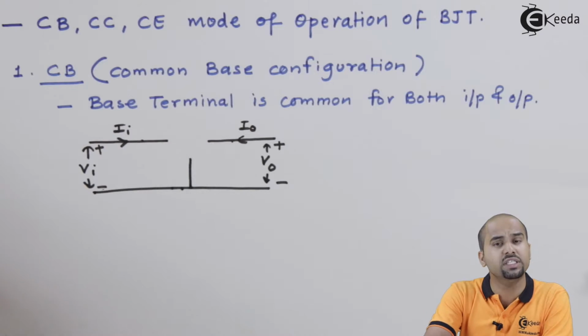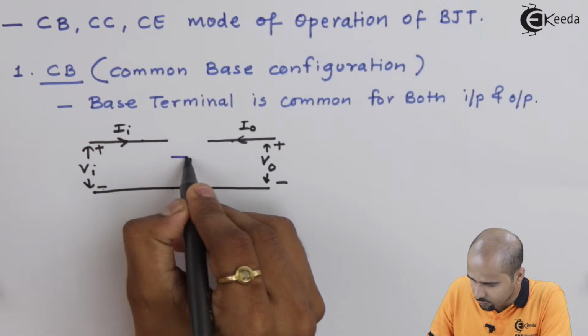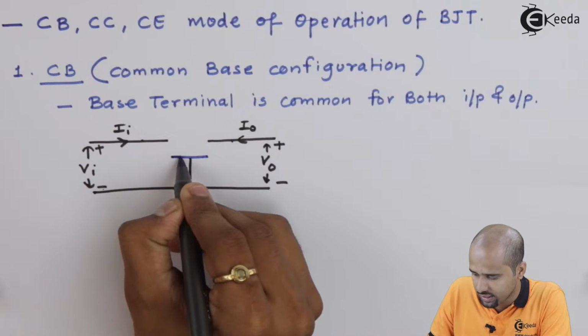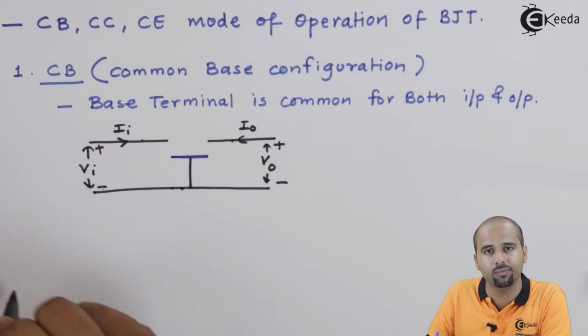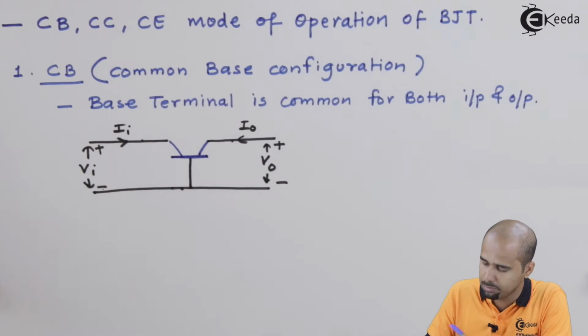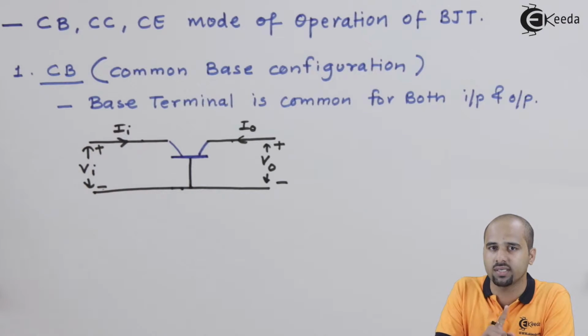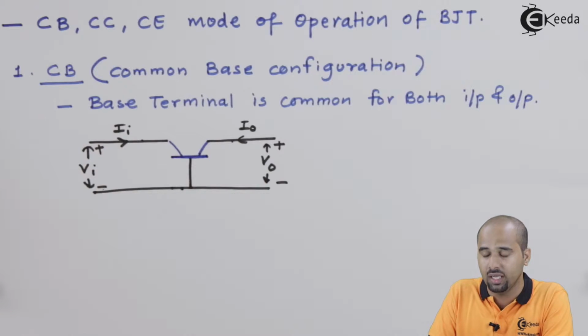In common base configuration, I will form a transistor such that this is the common, and now we move to the symbolic representation of the BJT. One question remains unanswered: where do we put the arrow?